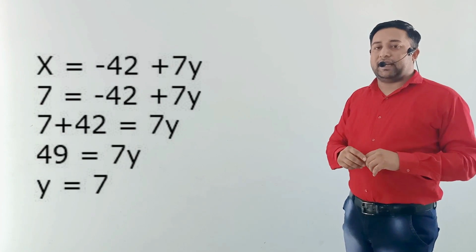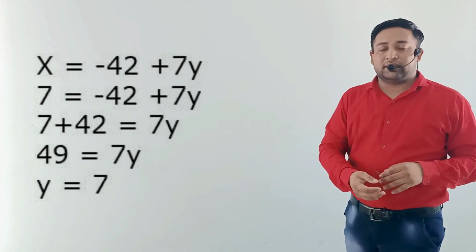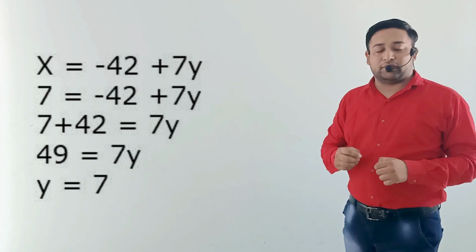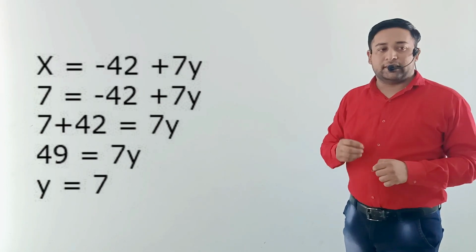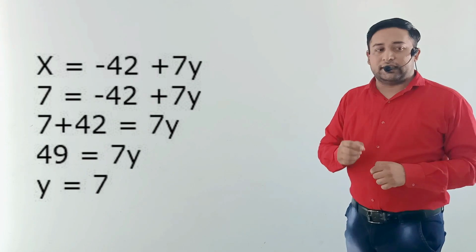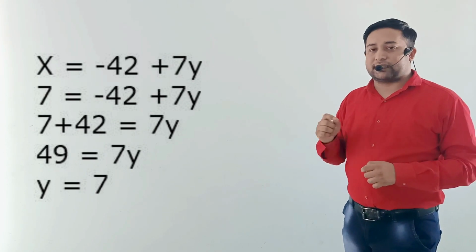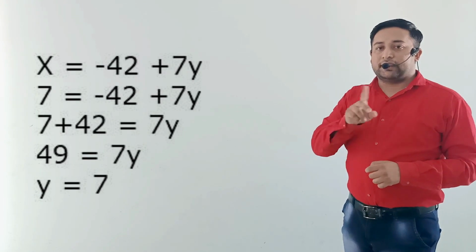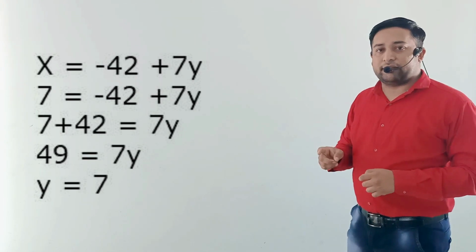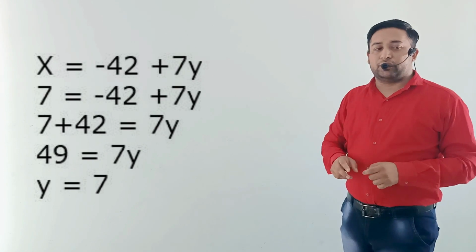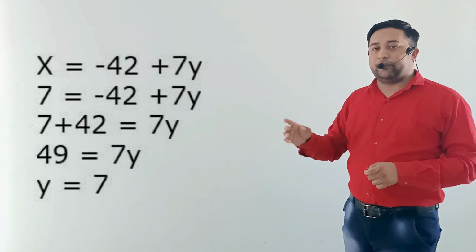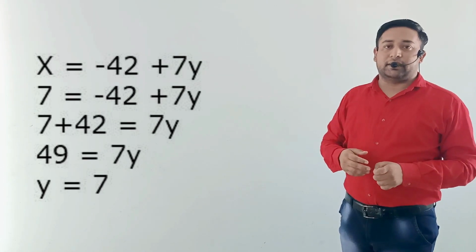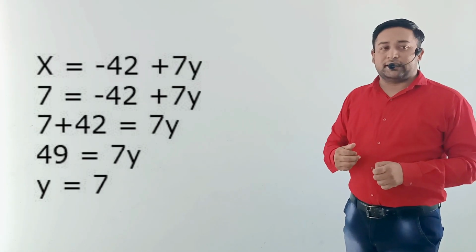The third value for x is 7, and y I will get by putting in the value. So x is equal to minus 42 plus 7y. Substituting x is equal to 7, 7 is equal to minus 42 plus 7y. Taking minus 42 to this side becomes plus 42. 7 plus 42 is 49 is equal to 7y. 7 is multiplied with y, so dividing, 49 by 7 is equal to 7.